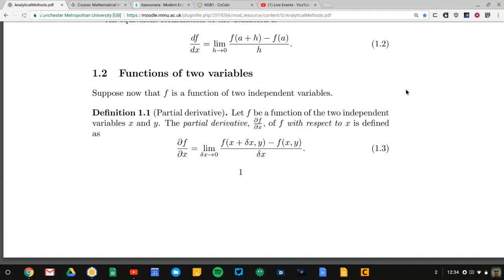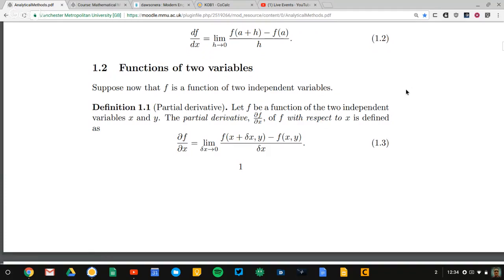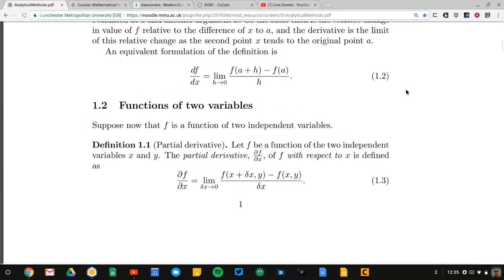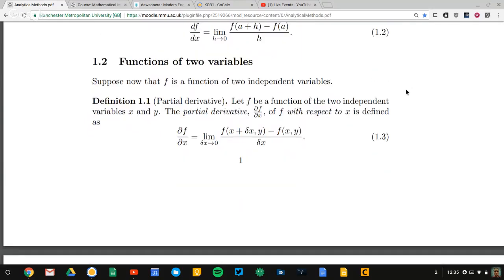And what we attempt to do here is to imitate or copy the definition of the one variable derivative and adapt it to the two variable case. But there's two variables around. So what we find is that we get two derivatives, where we differentiate with respect to one of the variables only at a time. And because you're only differentiating with respect to one of the variables at a time, these are called partial derivatives.